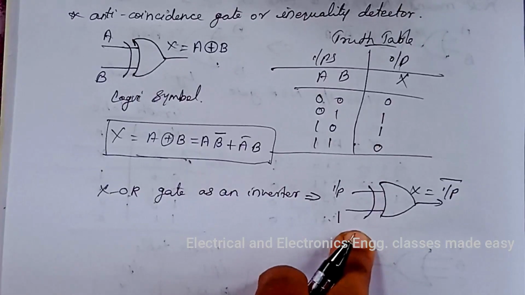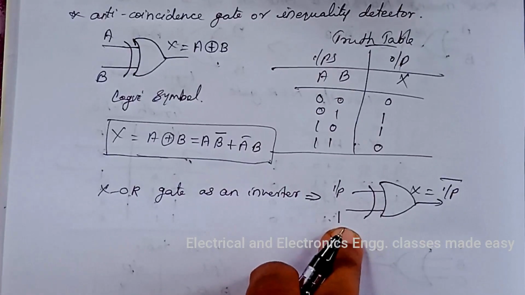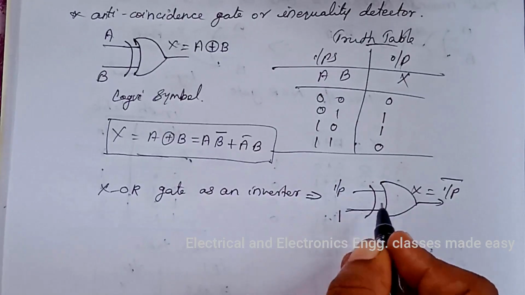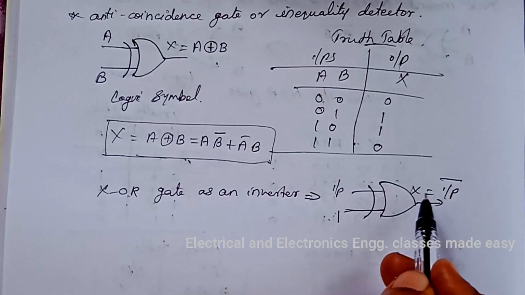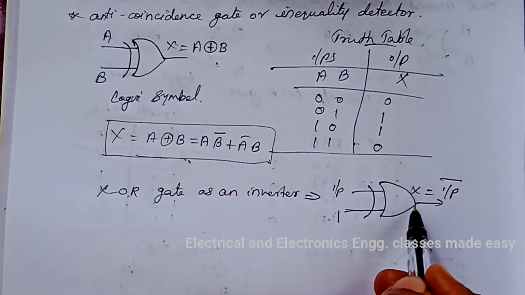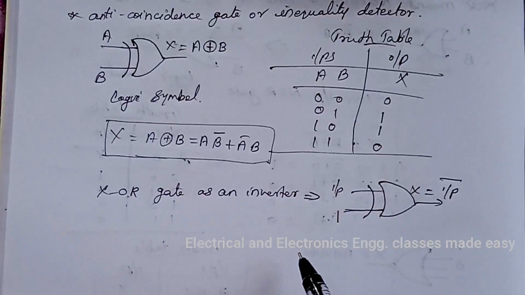So when one of the inputs of the XOR gate is a high or logic 1 state, we will get the output of the XOR gate as inverted.